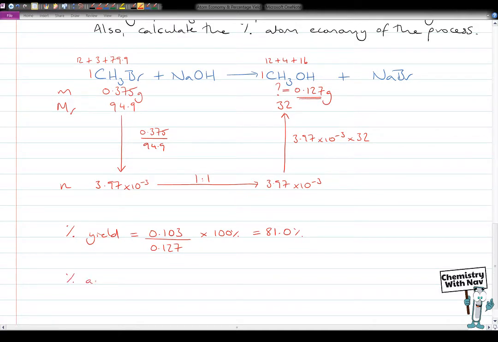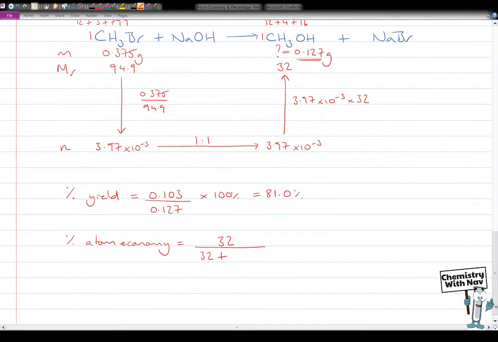Now, the percentage atom economy is going to be equal to 32, because that's the desired product, the methanol, over 32 plus, now the sodium bromide is also a product, so we have to add up 23 and 79.9, and that's equal to 102.9, so that goes in there.